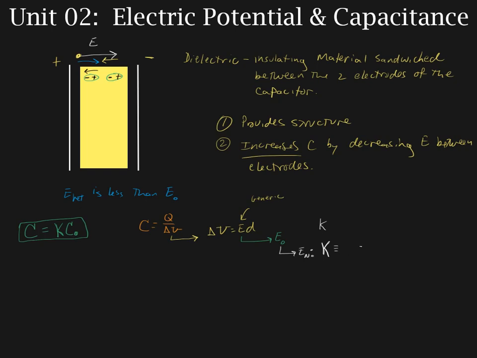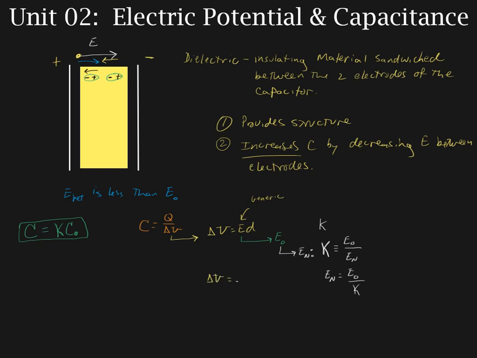But anyways, kappa is defined by the electric field before you have a dielectric, or the electric field within the vacuum, divided by the new electric field that you get after you place your dielectric. So we're going to solve this for E nu, and E nu is just equal to E in a vacuum over kappa.